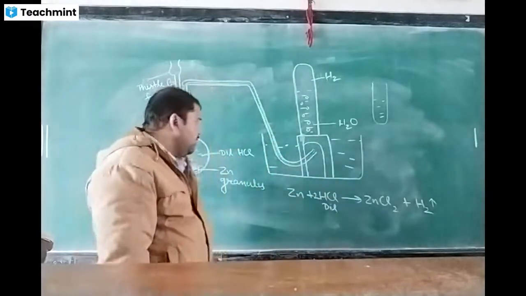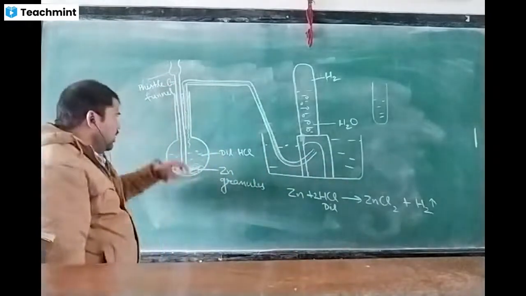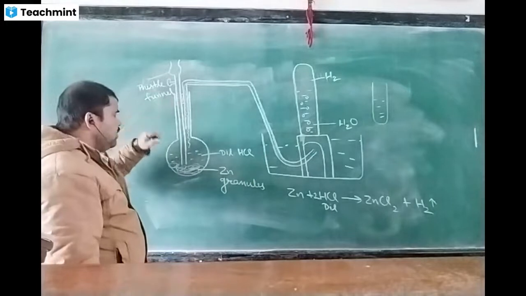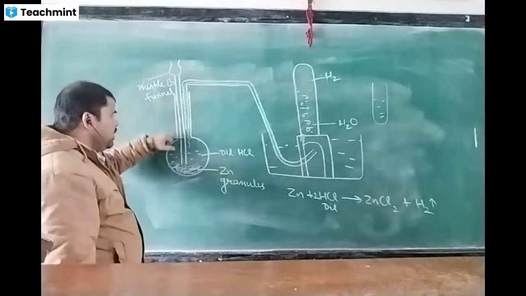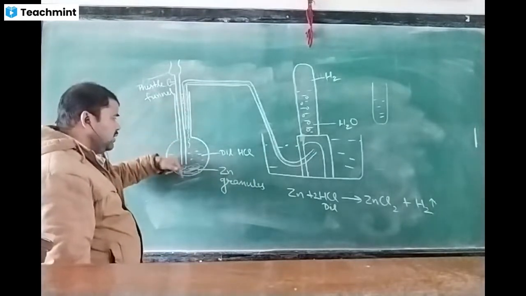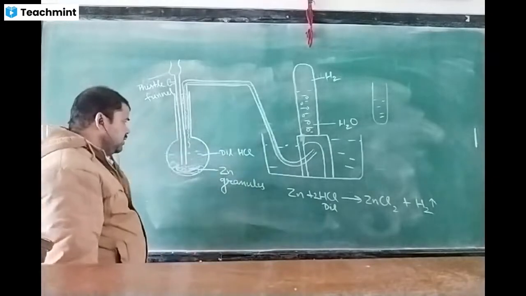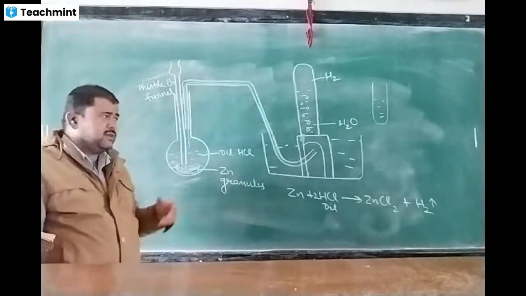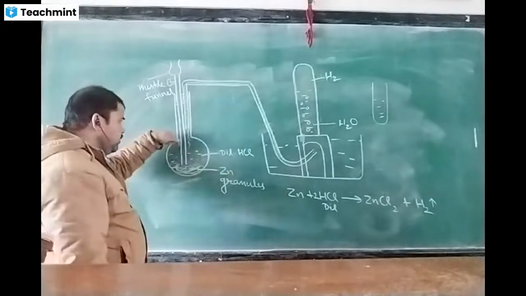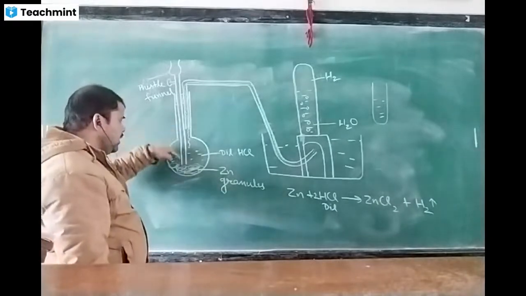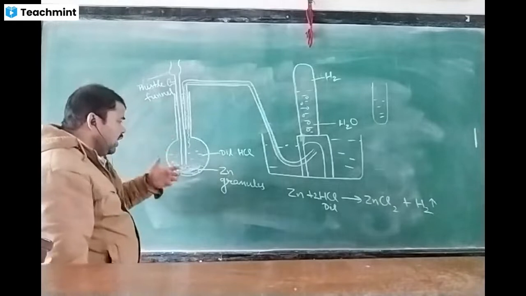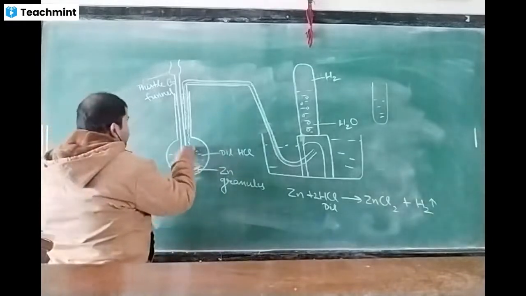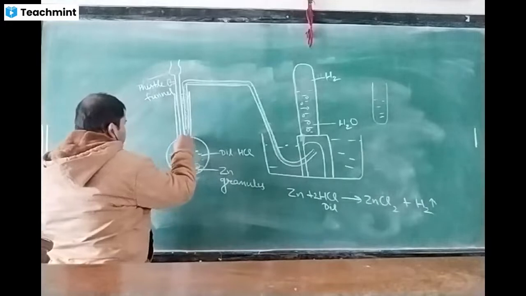And one more thing here, the thistle funnel end. One precaution we have to take: this thistle funnel end should be dipped in the acid for avoiding the error in the amount of hydrogen gas. If we are not dipping the thistle funnel end in the acid, some hydrogen gas may also go inside the thistle funnel tube.